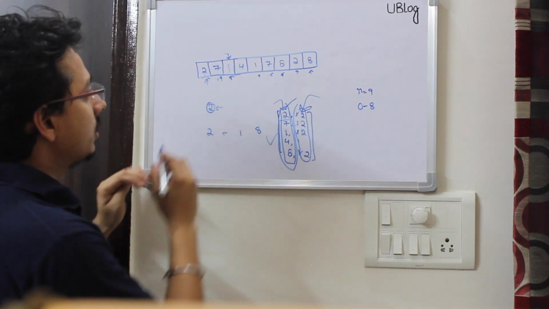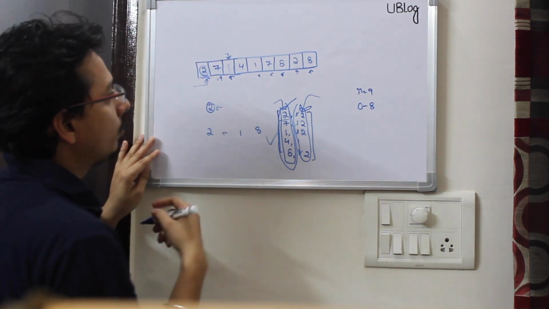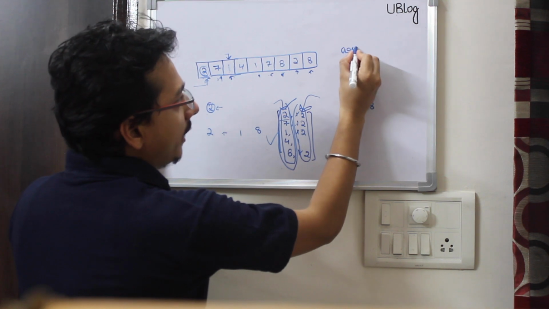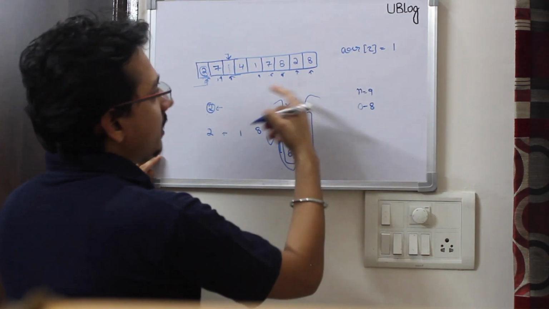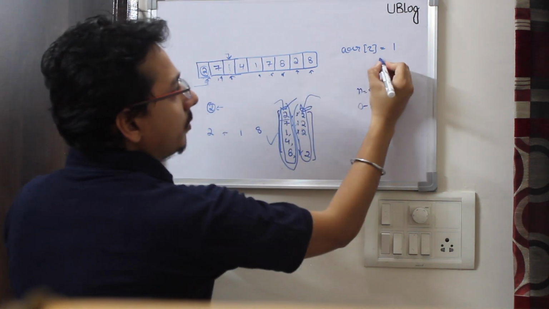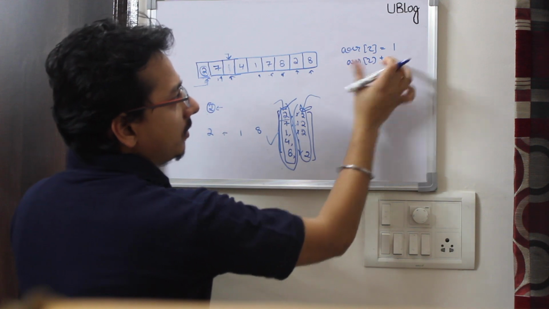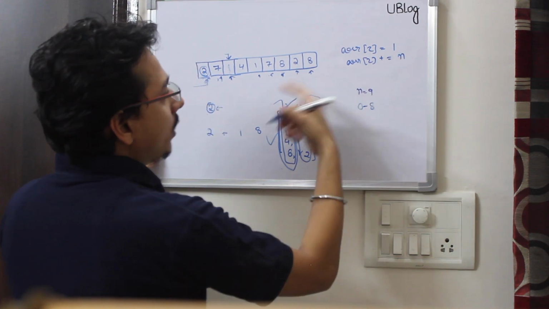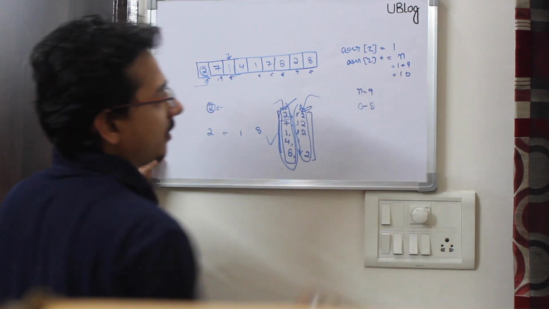So how will this work? I am at the first index in the array. The value of the first index is 2. So I find the value of array of 2, which is 1. Now I do array of 2 plus equals n. My value becomes 1 plus 9, which is 10.